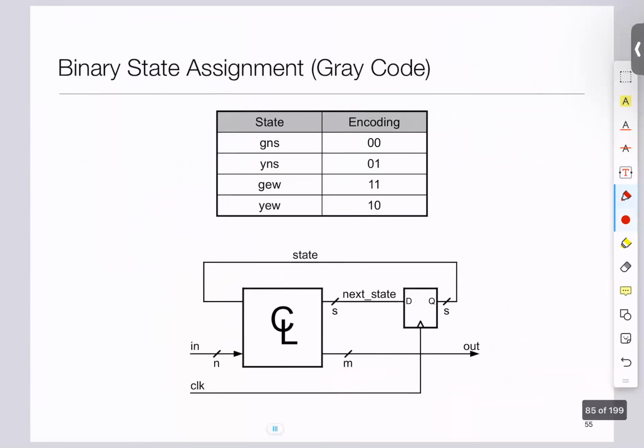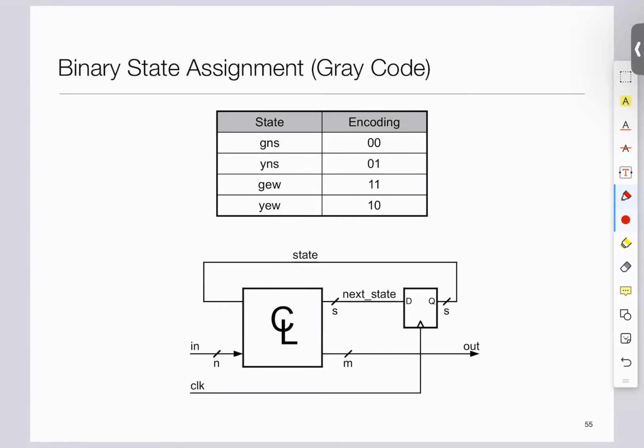Okay, now let's say I don't want to use one hot coding. Let's say my flip-flops are super expensive and I want to reduce the number of flip-flops. At that point, doing it manually, other than for the simplest of problems, is not an easy way to do it.